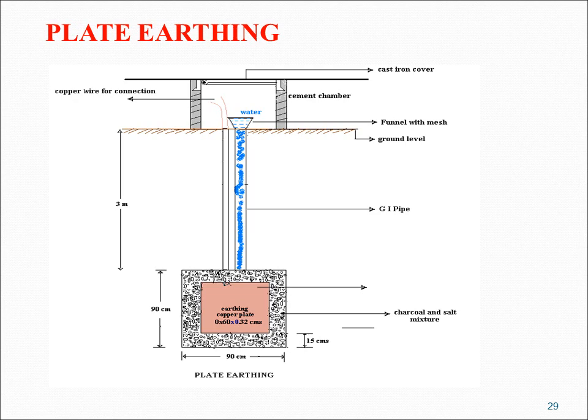The earthing wire, a copper wire for the connection, is placed inside a GI pipe and connected to the copper plate. The charcoal and salt mixture around the plate provides a good moisture level, maintains the moisture, and absorbs more current.